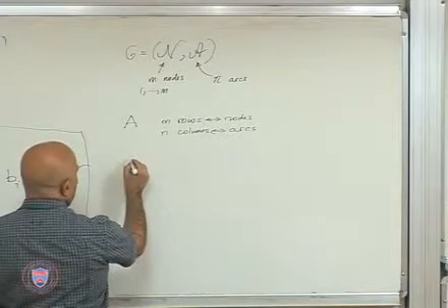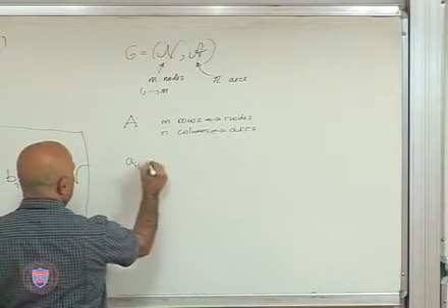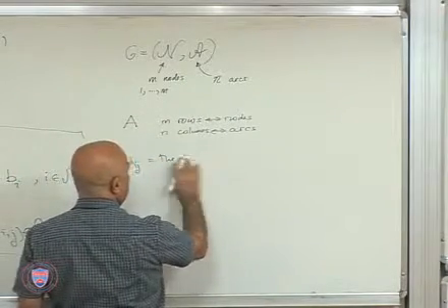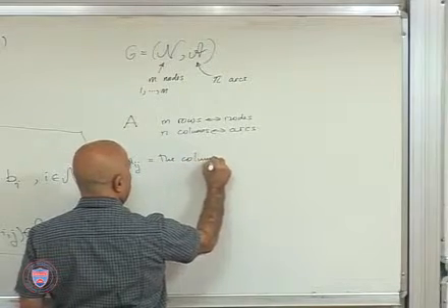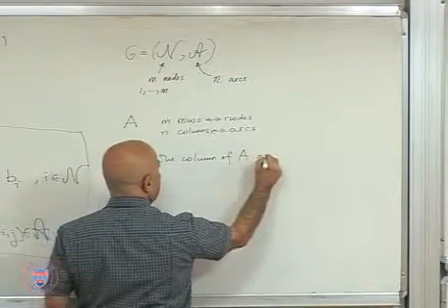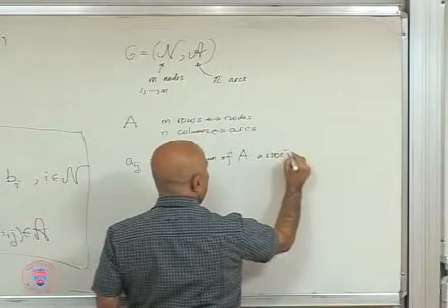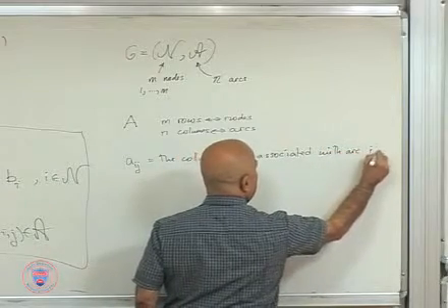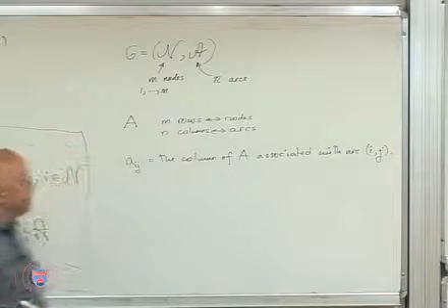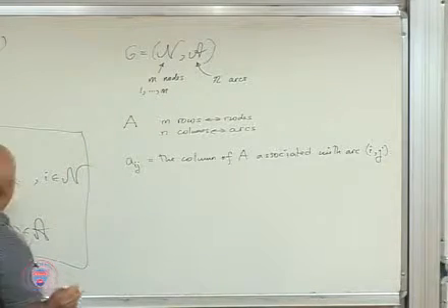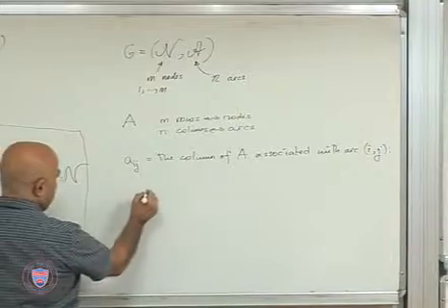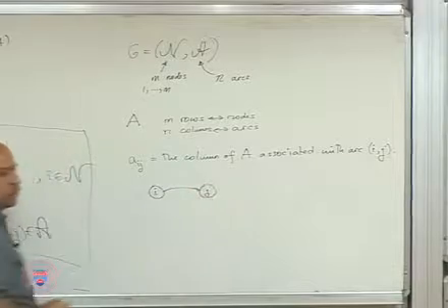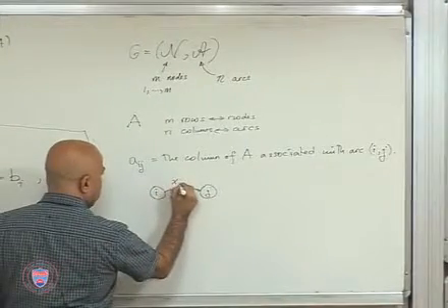So let's denote by Aij the column of A associated with arc ij. If you look at the arc here, this is the arc we're talking about. There's a flow variable xij here.